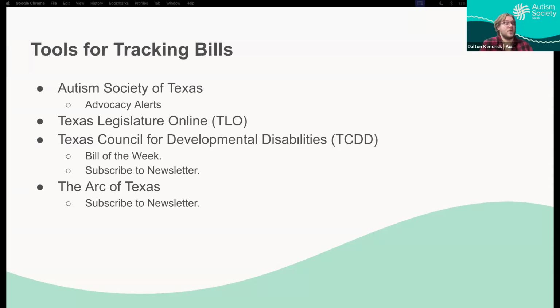TLO, which I'm going to go over in just a second, is a great way of tracking bills and where they're at. TCDD, the organization I mentioned a minute ago, does a bill of the week, and they also have a newsletter about what's happening in the legislature.